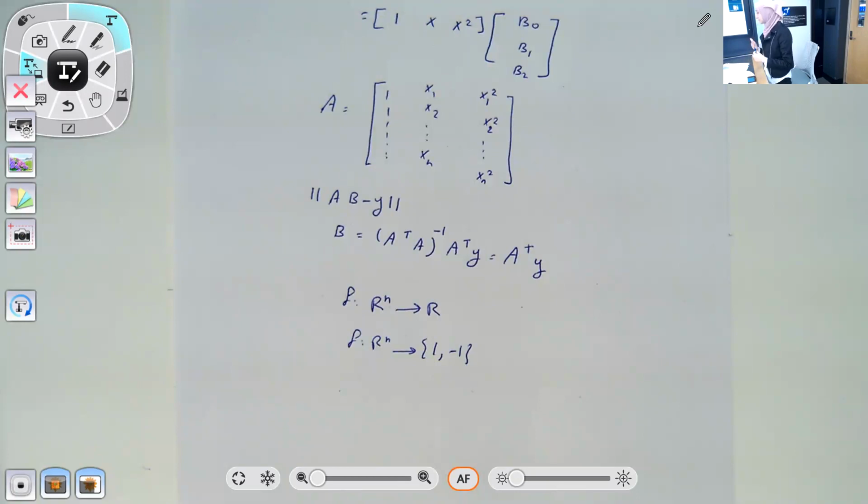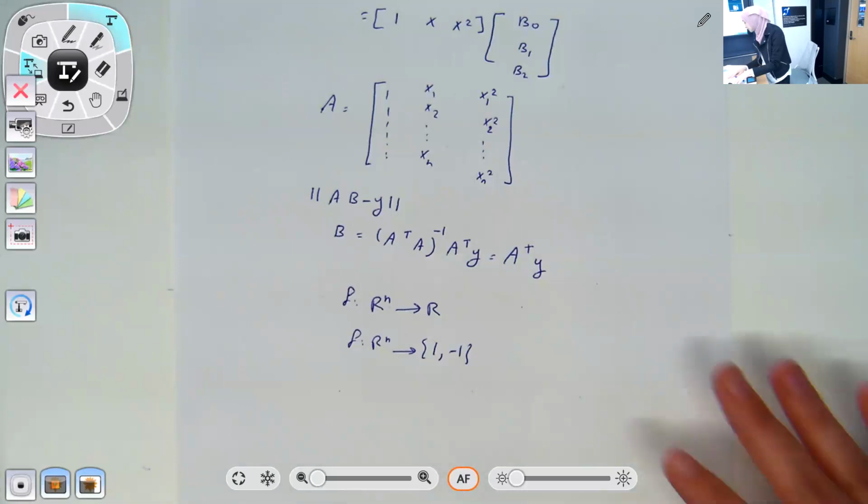We have four different types of prediction outcomes. We have a true positive, which means the prediction is the same as the observation. For example, y is positive and y hat also is positive. We have also a true negative when y is negative and y hat also is negative.